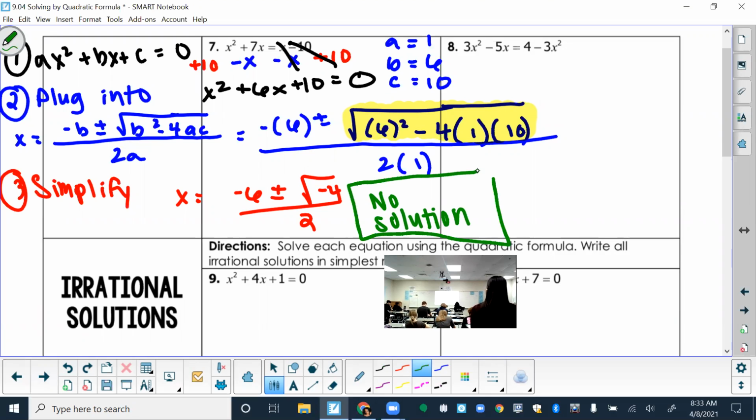And I would prefer that if there's no solution, you write it like this, "no solution." I don't want you to get confused with x equals 0, or the 0 with the slash through it, which also means no solution. But if you write it like this, I'll know what you're talking about. I think it's less confusing that way. So if you come across that situation where you would have to take the square root of a negative number, it's automatically no solution. All right, questions about that?